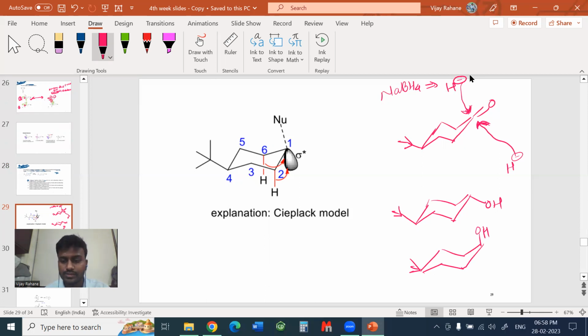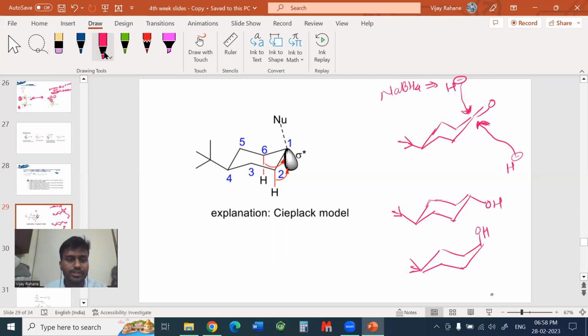So if you see these possible structures, the Cieplak model, right? Already the professor solved many problems on this Cieplak model. So in this model, what happened?